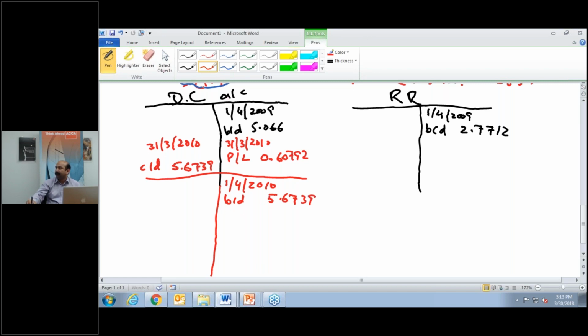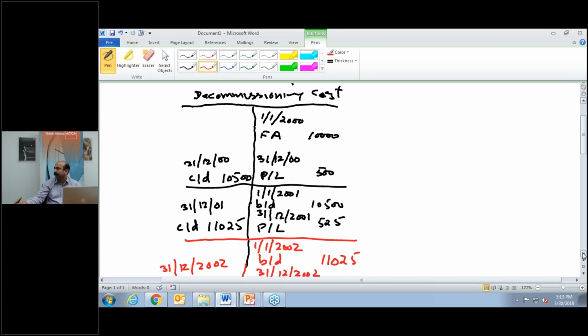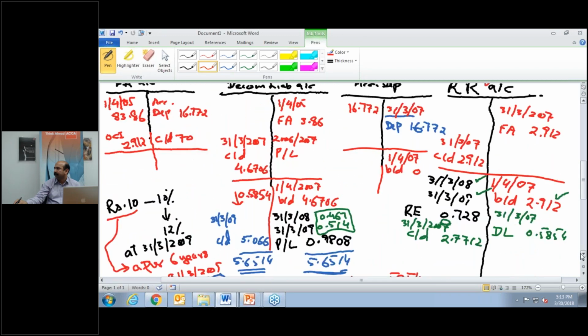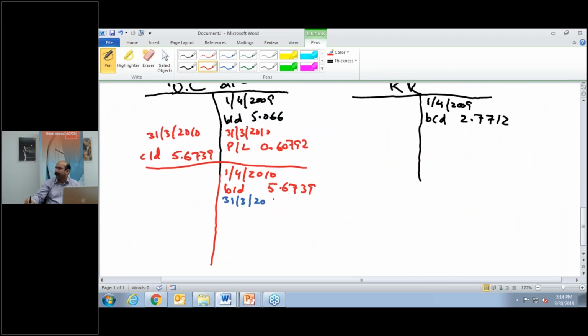Again, the effect of unwinding, 31st March 2011. 2011 profit and loss.